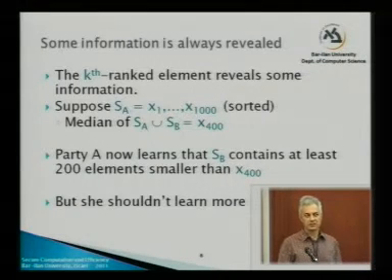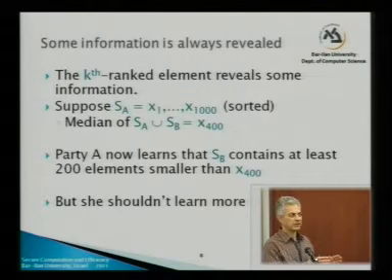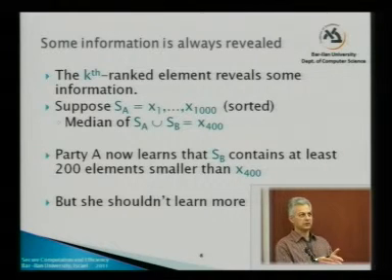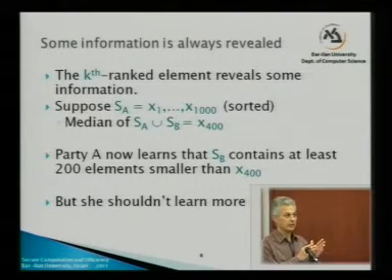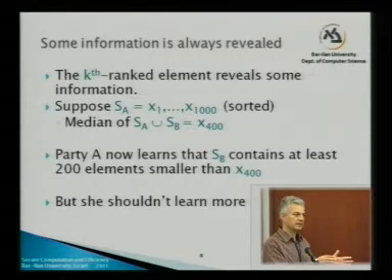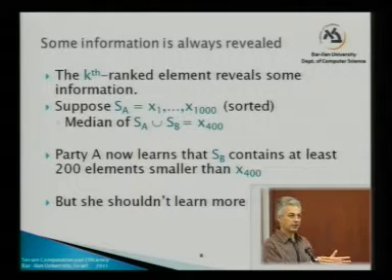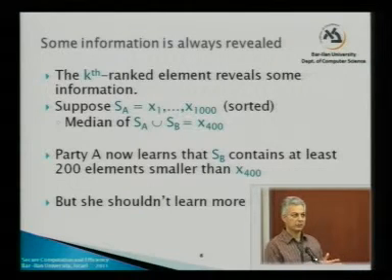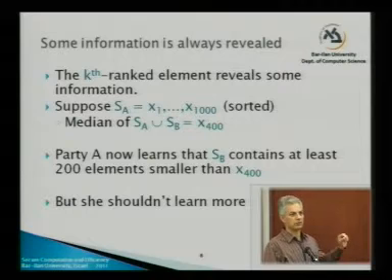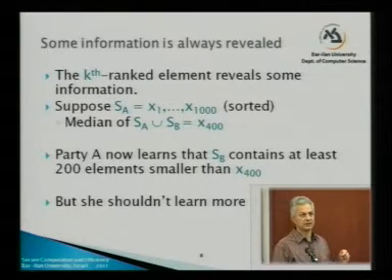Then she thinks, I have 400 elements smaller than this number, and 600 elements larger than it. The median is the value which is exactly in the middle, right? Therefore, Bob must have at least 200 numbers smaller than this median. Otherwise, it won't be the median. It might be that Bob has 300 numbers smaller than the median and 100 numbers larger than it, but it must have at least 200 numbers smaller than the median. So some information is leaked.